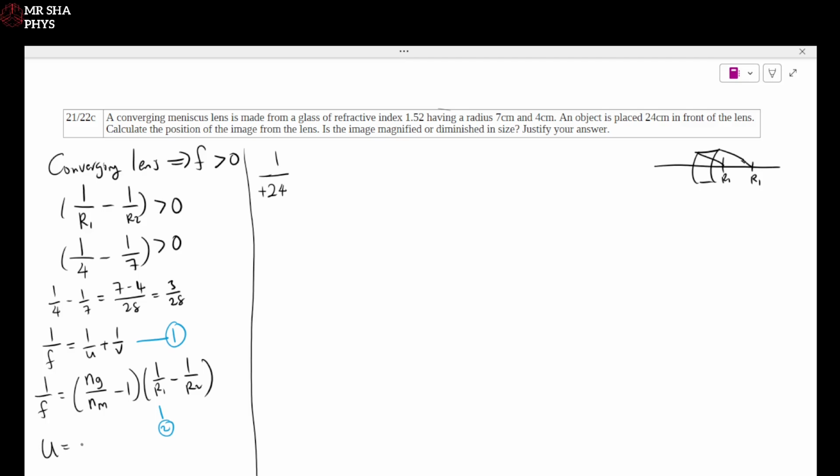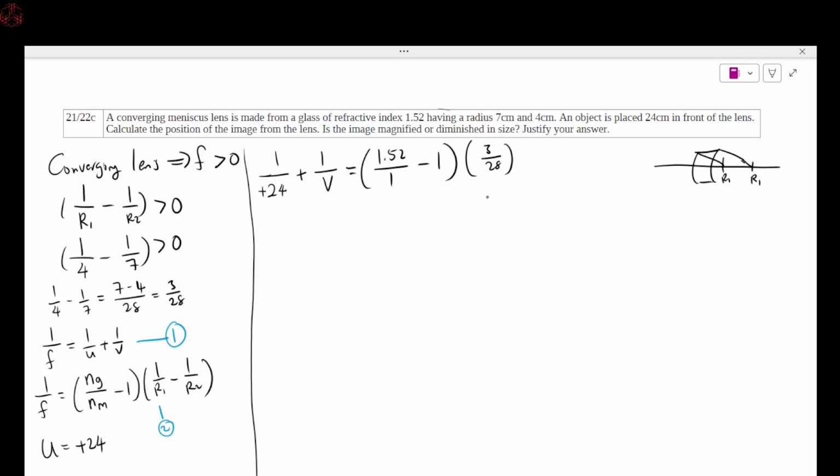My u is going to be positive 24, and then plus 1 over v. I don't know, in fact v is what I'm looking for, and then the refractive index of the glass is 1.52. It doesn't say where it is placed, so I'm going to assume that it's placed in air, right? So n of medium is 1, and then of course I have my 3 over 28 as I've calculated just now.